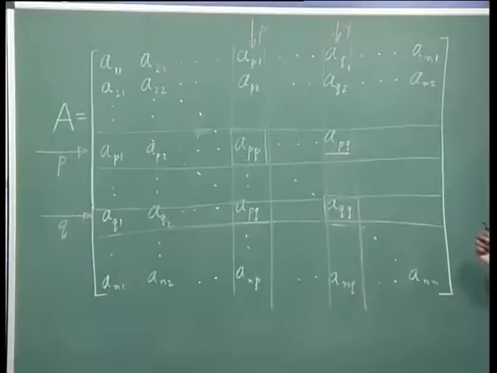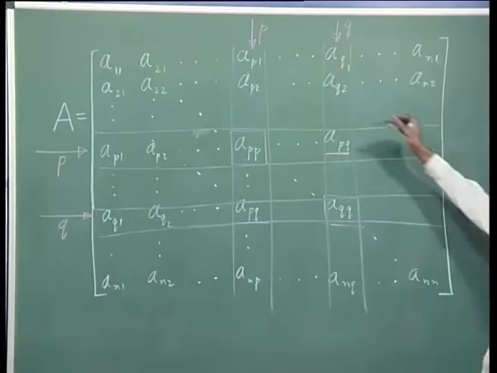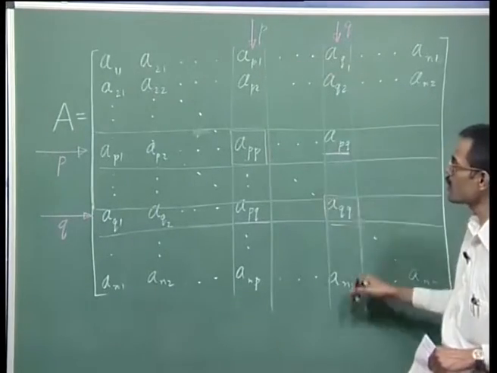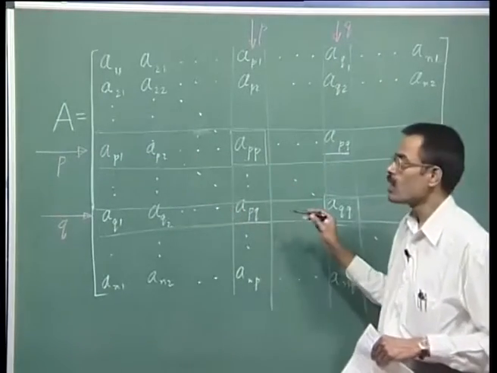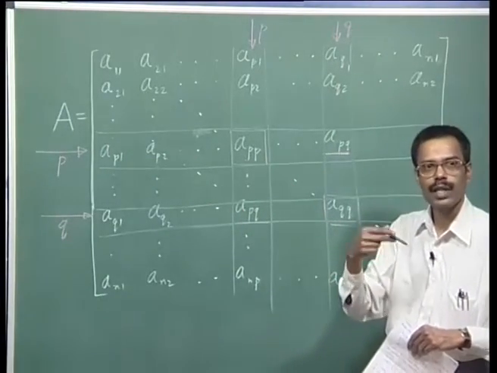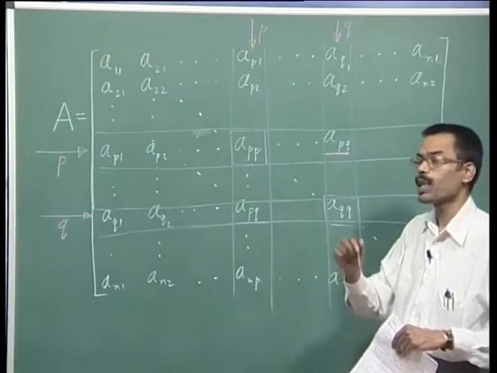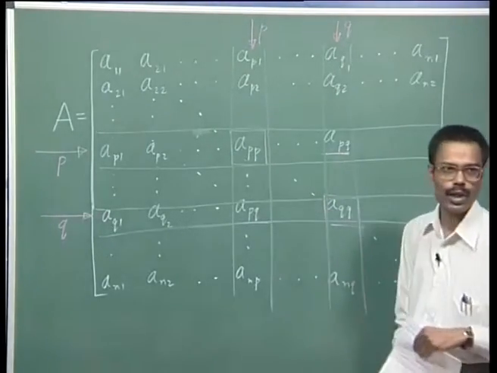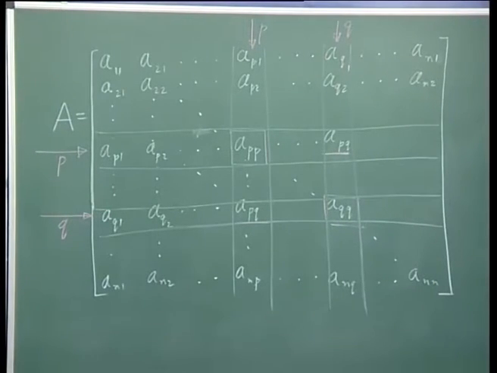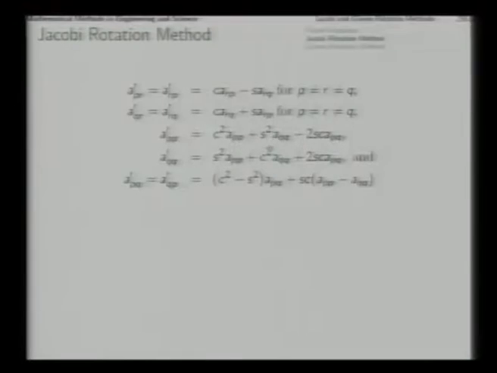Because they get changed once as part of these two columns and then once again as part of these two rows. So, these cos phi sin phi elements enter into the mapping twice among these 4 corner entries, and these quadratic expressions in sin and cos turn out to be like this.